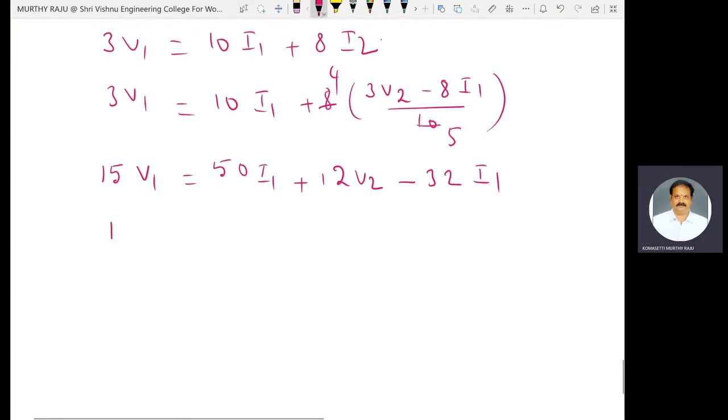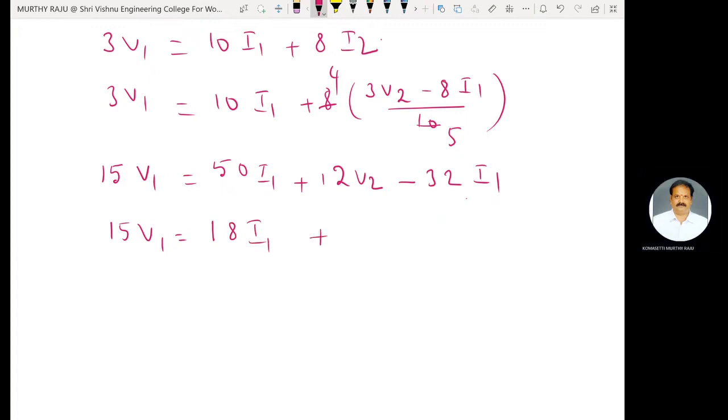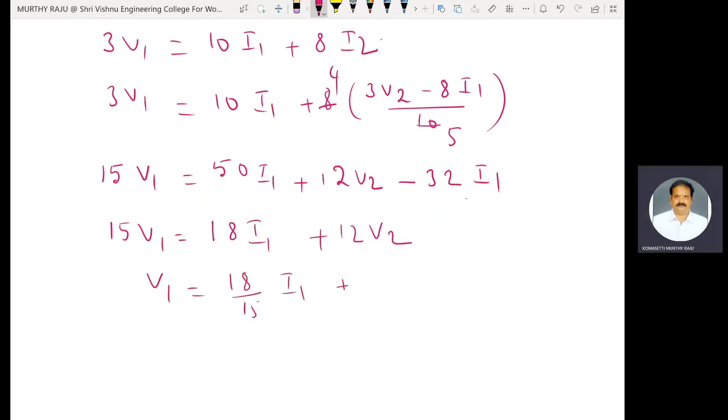Therefore, 15 V1 is equal to 18 I1 plus 12 V2. Therefore, V1 is equal to 18 by 15 I1 plus 12 by 15 V2.